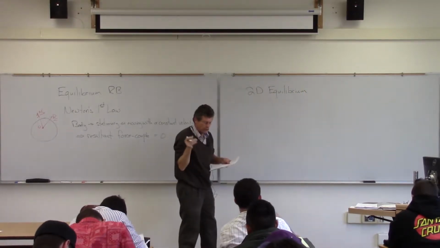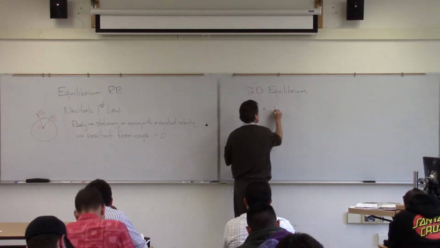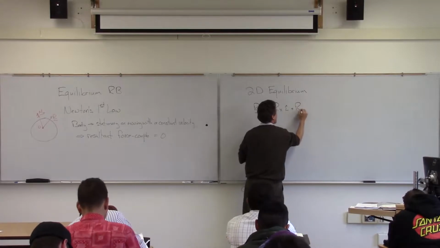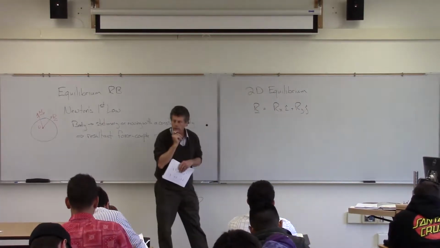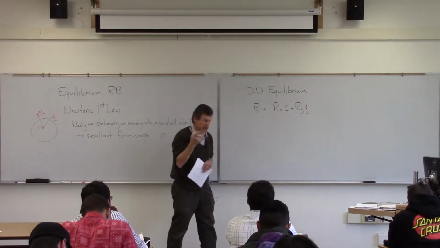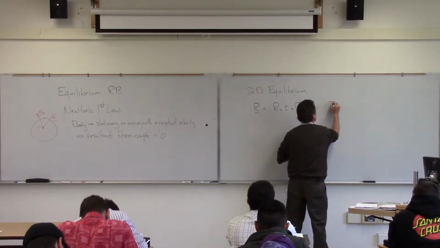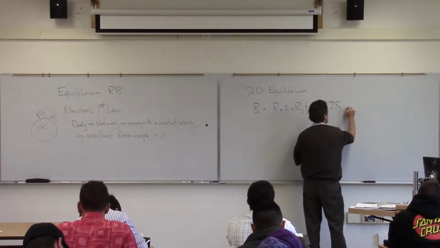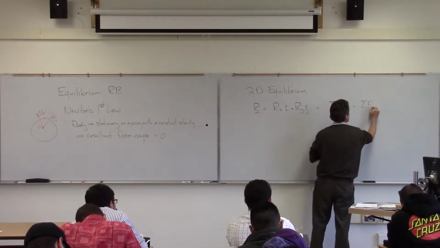And what 2D equilibrium tells us is that our R, which is composed of an x component and a y component, and we like the Cartesian system for that reason, is just a sum of those forces, the sum of the x components and the y components.